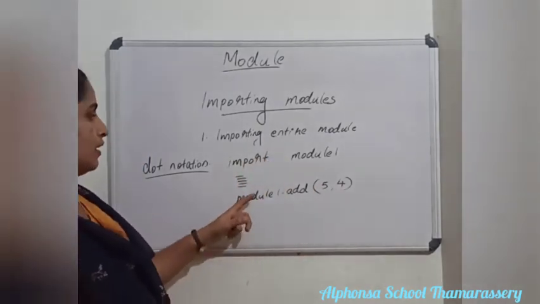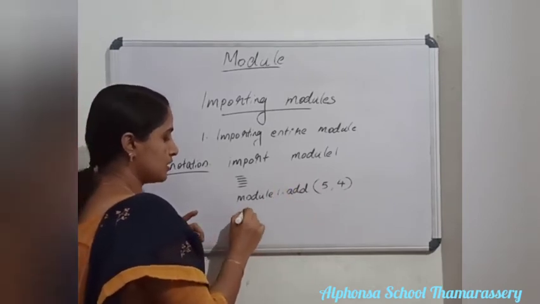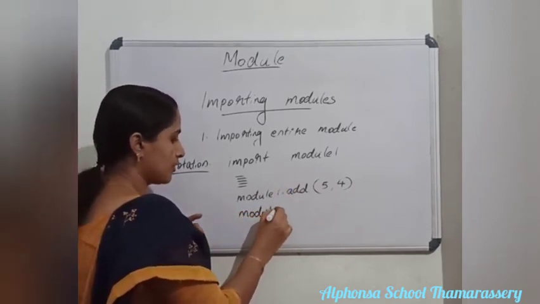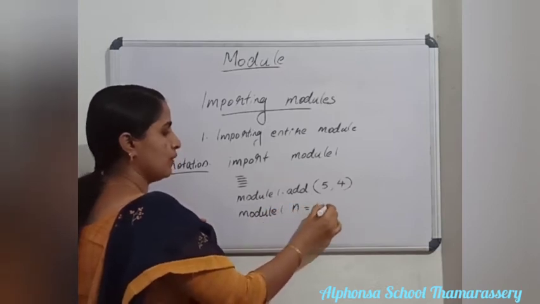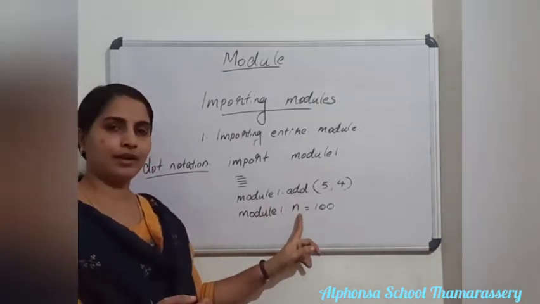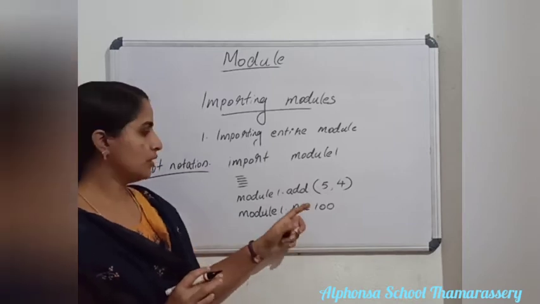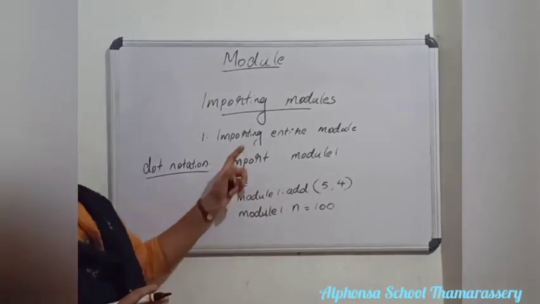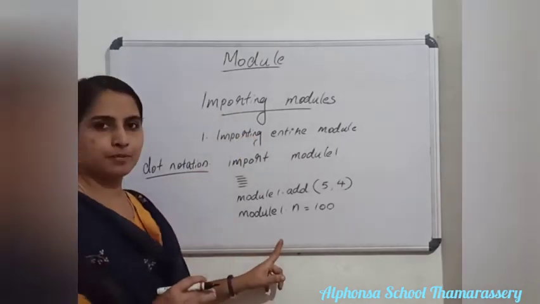For example, if module1 has a variable n, then I can use module1.n equal to one value I can assign, or else I can use module1.n here too. Clear? So this importing entire module in a program we can experiment.